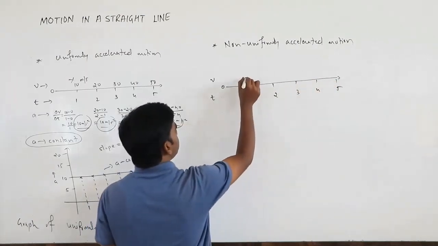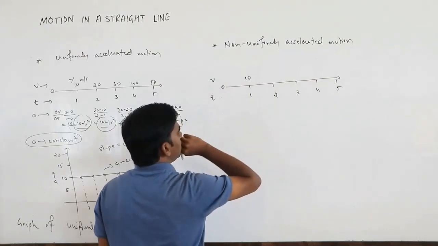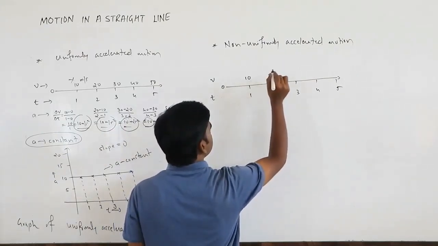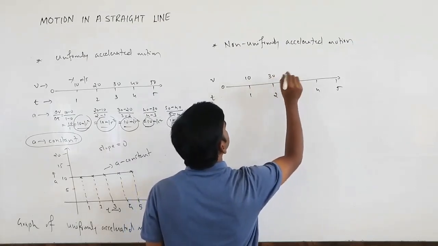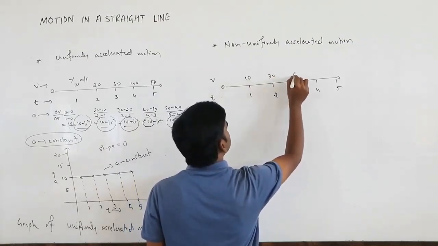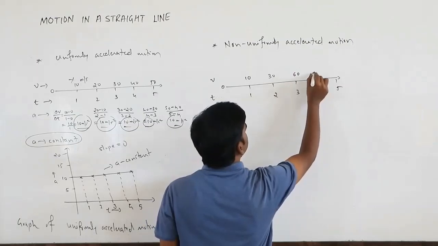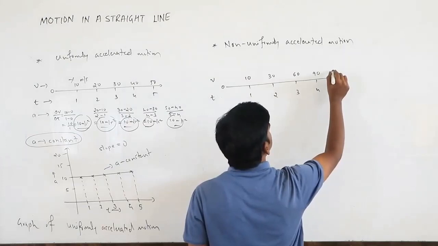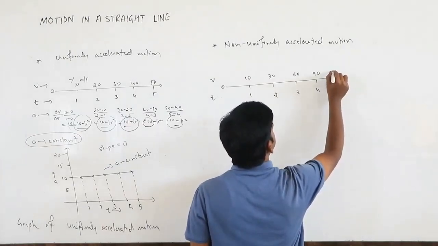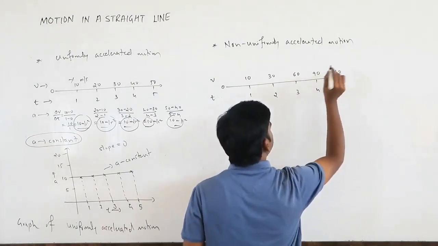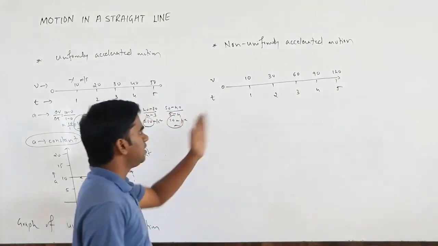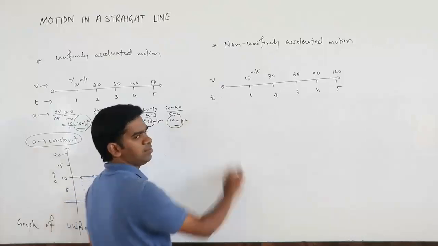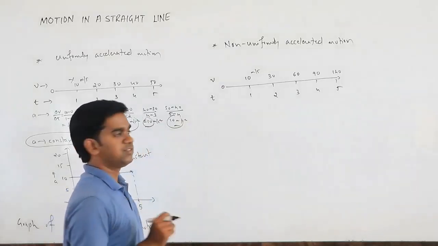The velocity here becomes 10, then say 30, then 60, then 90, and then 150 or 140. These are the velocities in meters per second, and this is time. What you have to calculate is the acceleration.